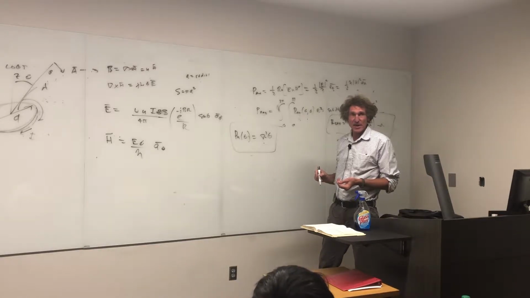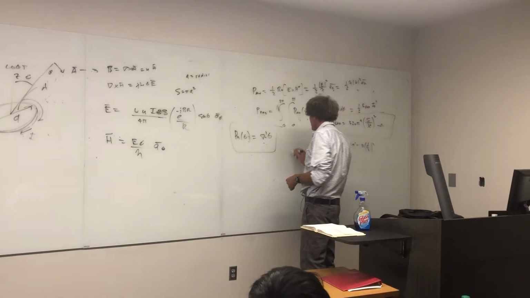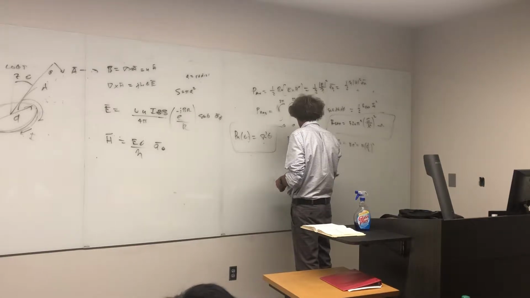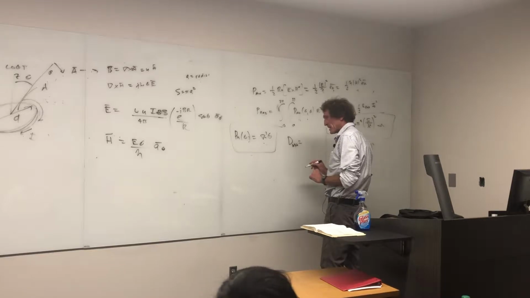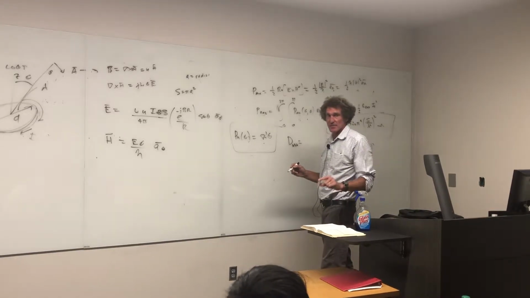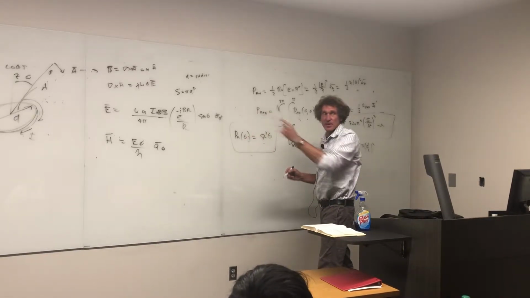Now, what do you think the gain's going to, or directivity is going to be? D max. Well, if that's the actual sine squared of theta, what else had a normalized power of sine squared of theta? Short dipole, right?